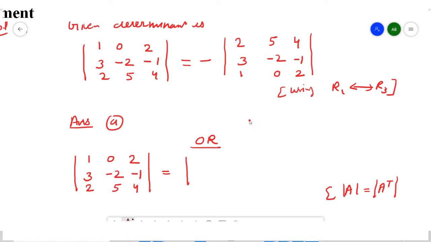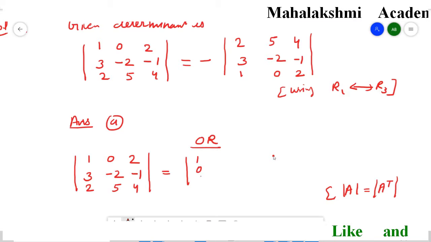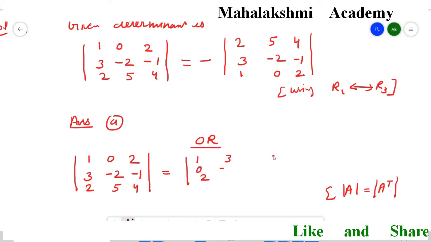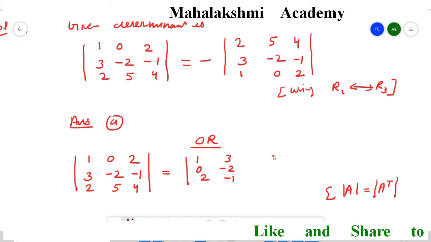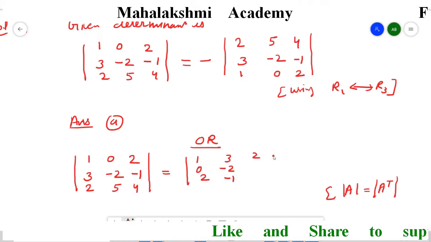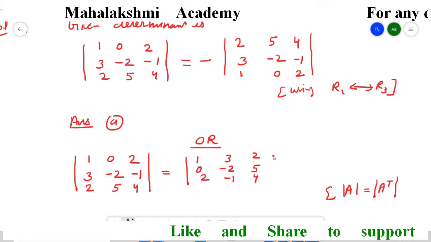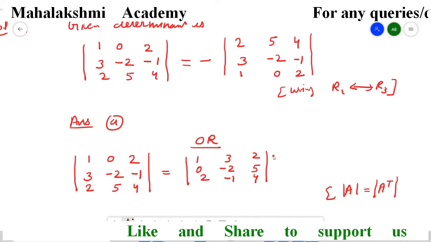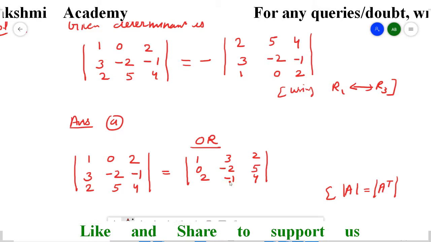When we do the transpose, the row changes to the column, or column changes to the row. So we will get here 1, 0, 2, then 3, minus 2, minus 1, 2, 5, 4. So I have done the transpose of this determinant.